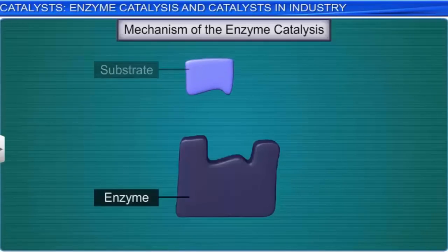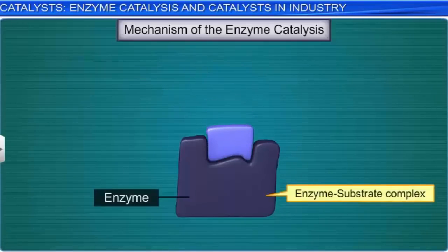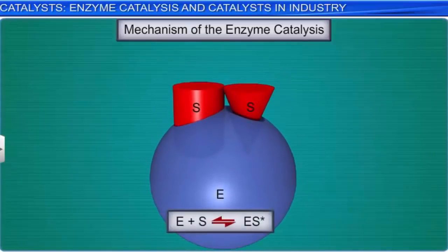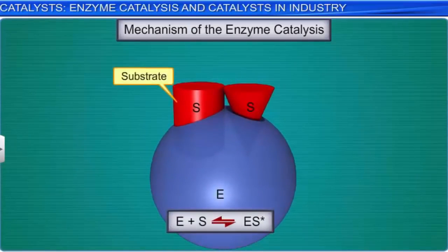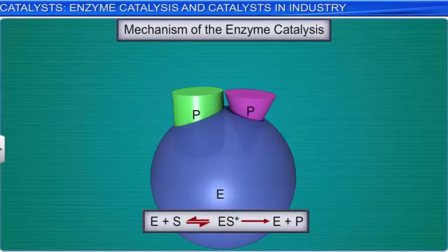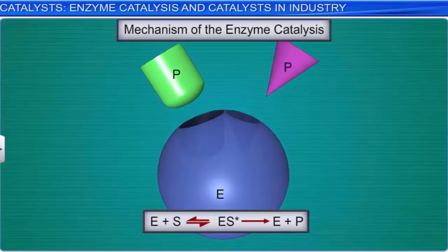This specific binding leads to the formation of an enzyme-substrate complex. When bound to the active site, the substrate is converted into the product. Further, as the product molecules do not have any affinity for the enzyme surface, they leave the enzyme surface immediately.